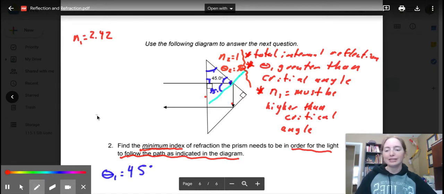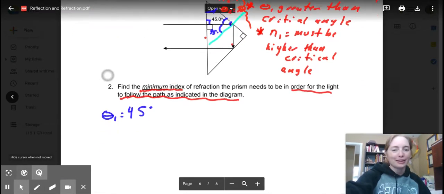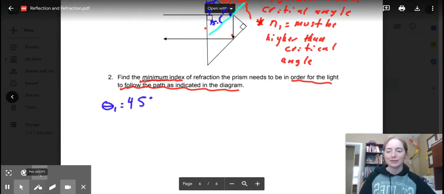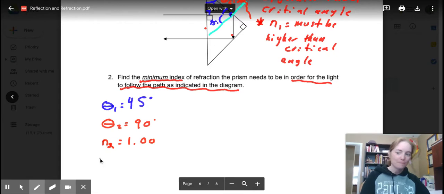Okay. So, ladies and gentlemen, let's go and set up what we have with our calculation here. So we have our theta 2 is 90 degrees. And then we know our N2 value of air is 1.00. No units, it's a unitless value.